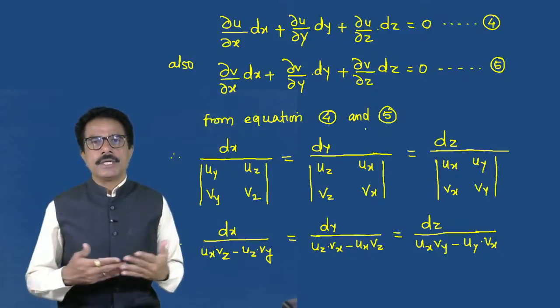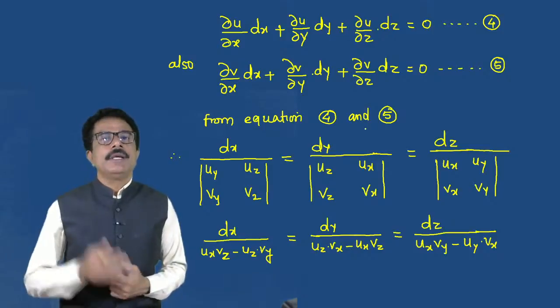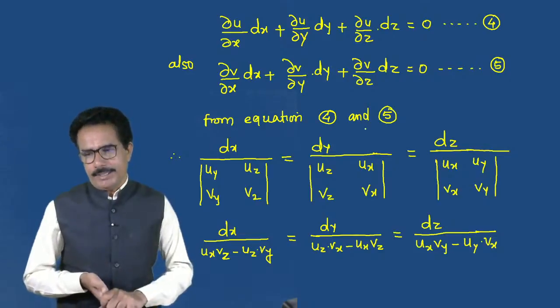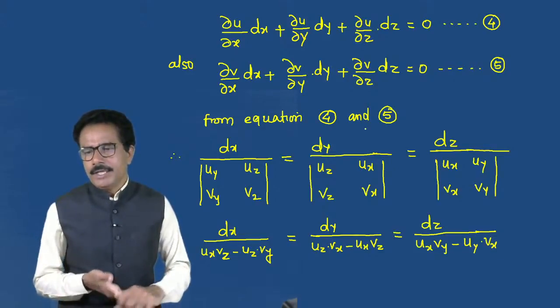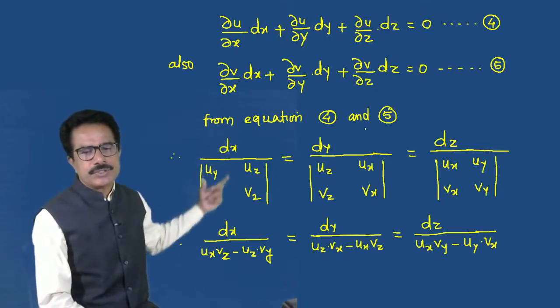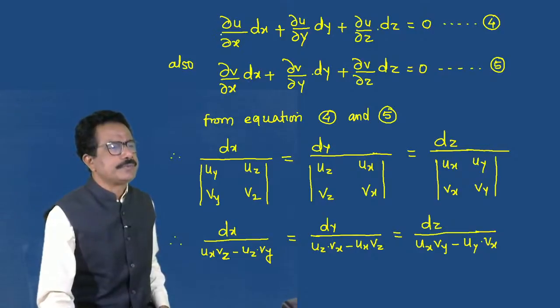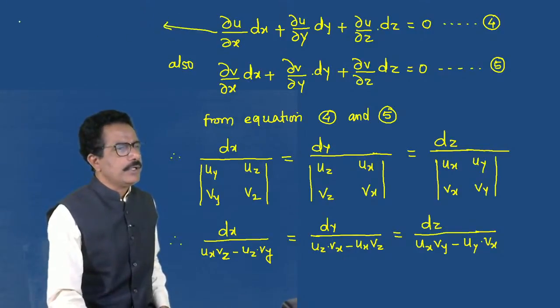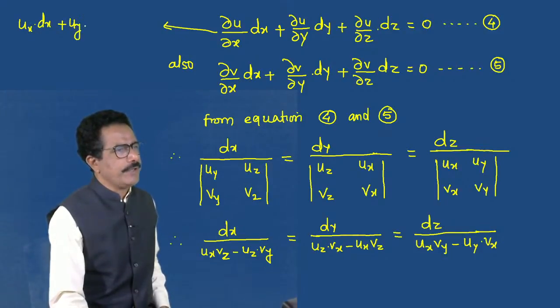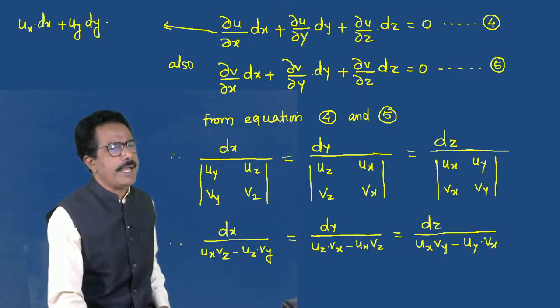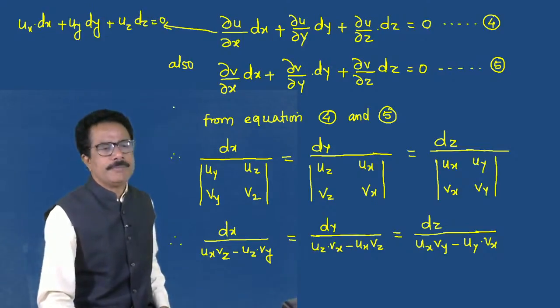We know that according to the consistency condition of the equations, we can represent its solution in the form of a determinant. Now we can write ∂u as ux into dx plus uy into dy plus uz into dz, which is equal to 0.